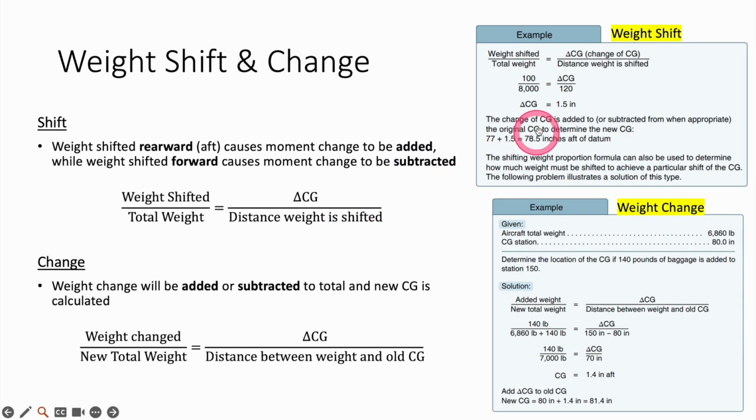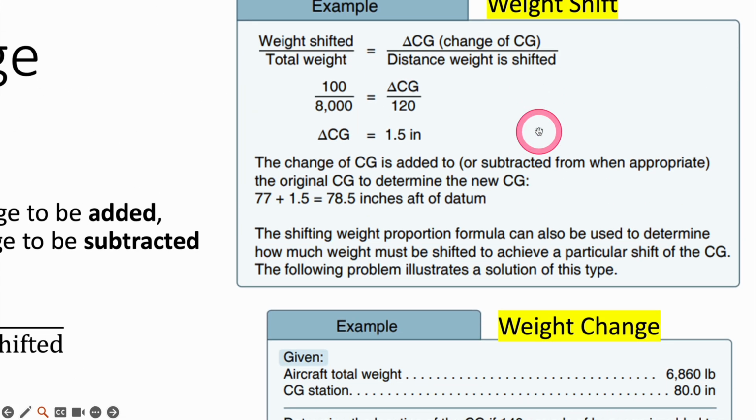So as an example, top left here. So we're shifting 100 pounds and moving them to a different station. So they're moving 120 inches to a new station. So you take the total weight, so the shifted weight, 100 divided by 8,000, and that gives you center of gravity, which we're trying to solve for, divided by 120.